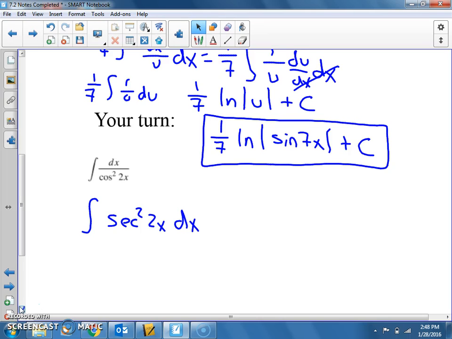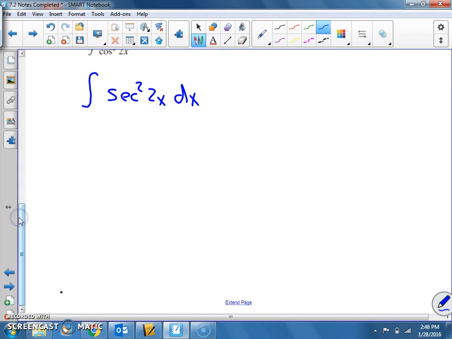Yes. The derivative of tangent is secant squared. So what would the derivative of tangent of 2x be? Right, because you've already got a 2x to deal with. So what am I missing on the outside of the integral? 2. So I'm going to have to divide on the outside or multiply by 1/2 on the outside.